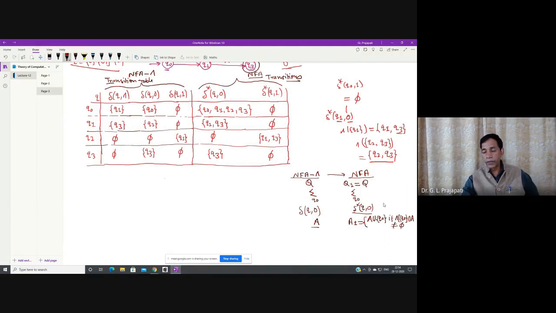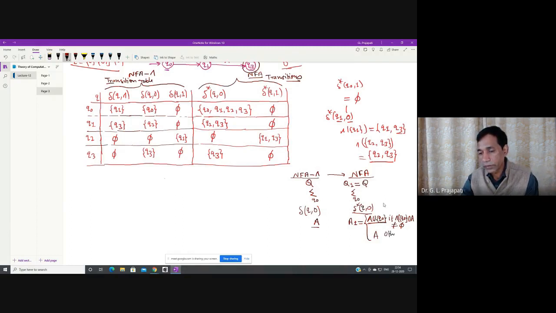When this is not equal to empty, it means there is a way to reach the final state from the initial state, and hence the initial state will also be a final state in the NFA. Otherwise, you just have the same final states as the NFA null.